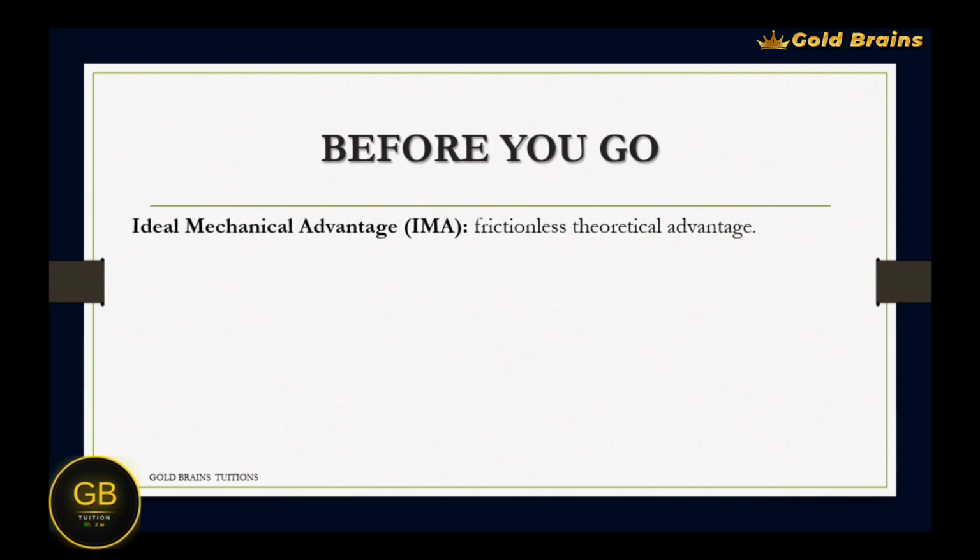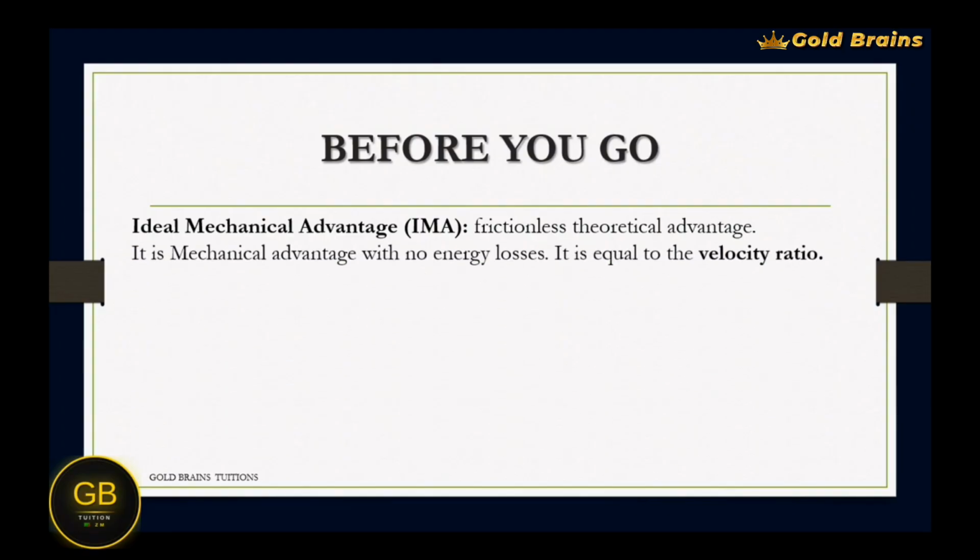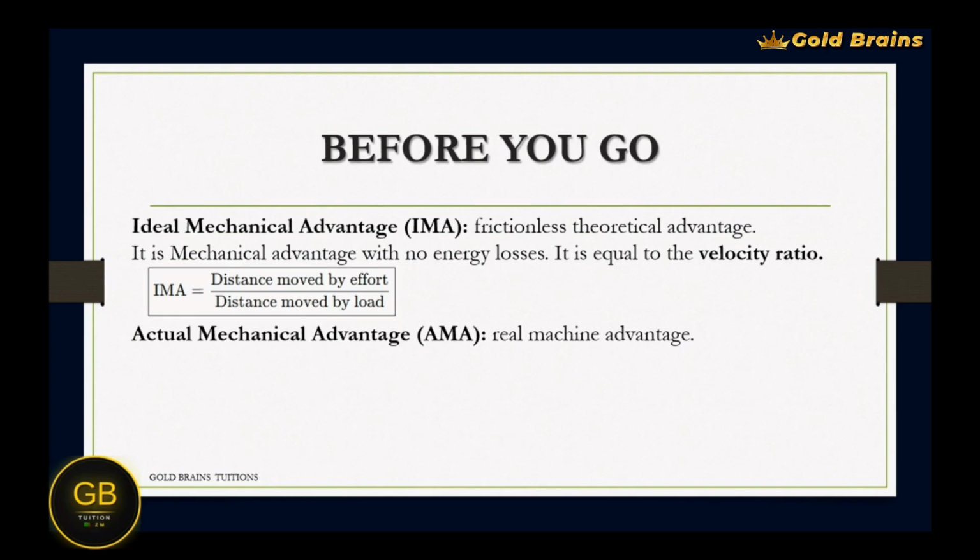Now, before you go, let me give you what you need to understand about those terms I just mentioned, like ideal mechanical advantage, which is the frictionless theoretical advantage. It is the mechanical advantage with no energy losses, and it is always equal to the velocity ratio. It is given by the formula distance moved by the effort over distance moved by the load. Actual mechanical advantage is the real machine advantage.